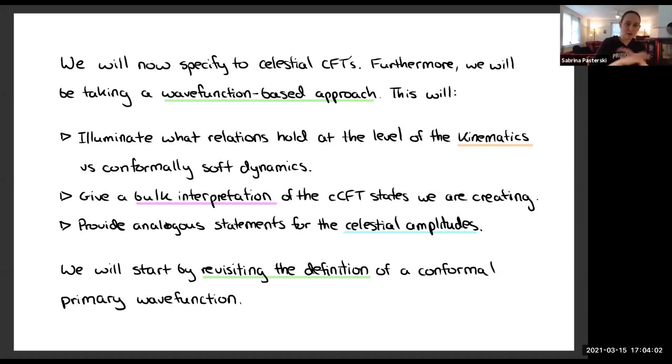The second thing is that you now have this bulk interpretation of the states you're creating by Taylor series expanding on the celestial CFT. With that, you have this notion of what the boundary conditions are allowing these modes, et cetera. And the third thing is that because I can do everything from the point of view of the wave functions, if it holds at the level of the wave function, it will hold at the level of the celestial amplitudes.